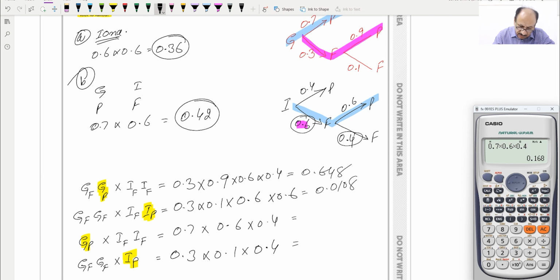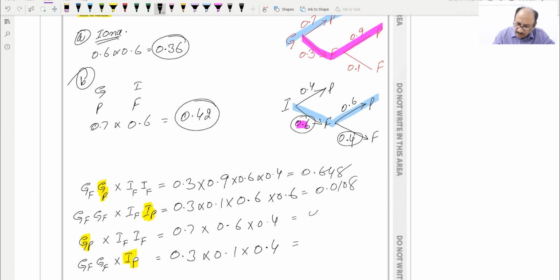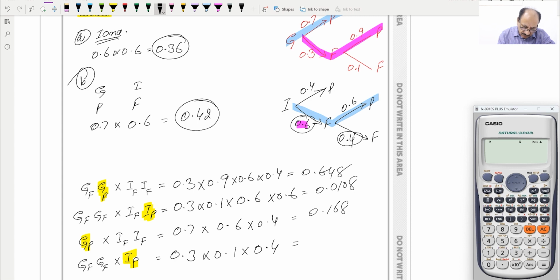and it gives us 0.168. And next comes 0.3 into 0.1 into 0.4, and this is giving the probability of 0.012.